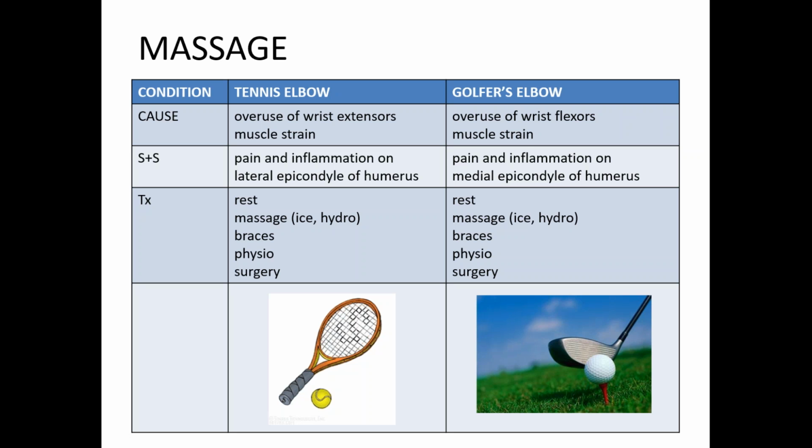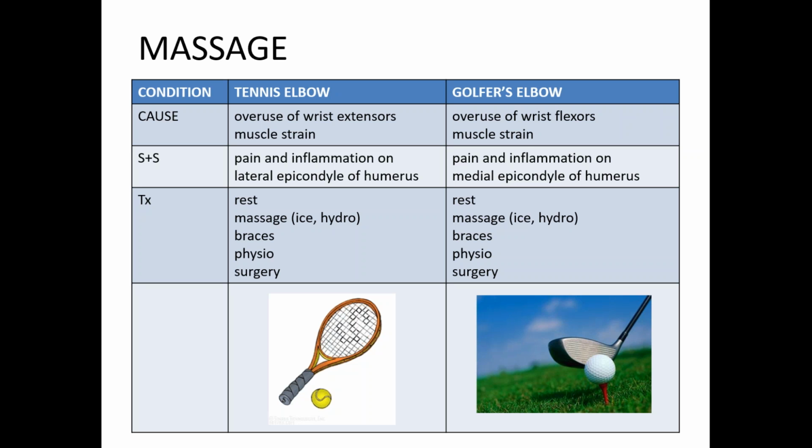So now we have tennis elbow and golfer's elbow. Even though they have the word elbow in it, it's actually due to motion at the wrist. That's why it's in this unit. And the muscles are the muscles that move the wrist. So even though it says elbow and the pain is at the elbow, it's actually due to a motion at the wrist, usually.